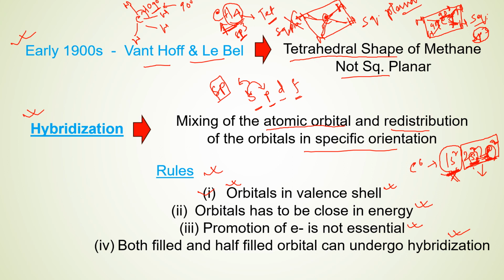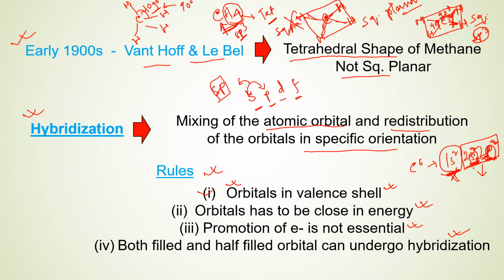Now the third point, promotion of electrons is not essential. It is not essential that electrons are promoted from one orbital to another for the mixing, redistribution or hybridization of orbitals. Now the fourth point: both filled and half-filled orbitals can undergo hybridization. That indicates that unfilled orbitals cannot undergo hybridization.